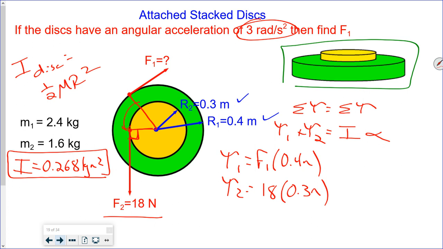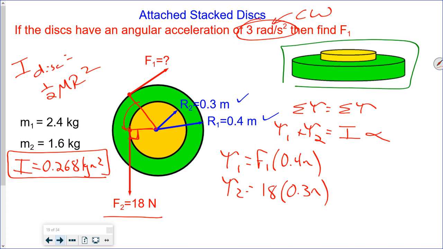And then I also need to verify my signs. Oh shoot, I meant to fix this and I forgot. Let's assume the disks have an angular acceleration of, I meant to put in clockwise here. So let's assume that acceleration is clockwise.